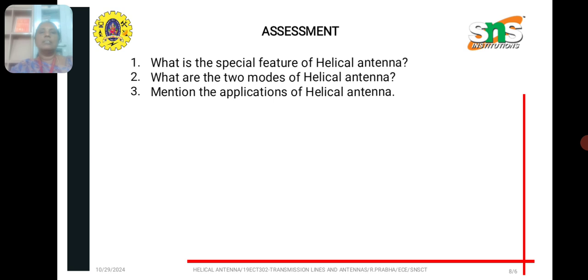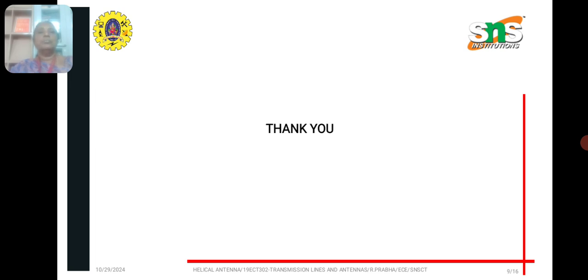The helical antenna provides high efficiency and covers a large beamwidth, and it provides a unidirectional beam of radiation, that is, the beam radiation is perpendicular to the helix dimensions and not in the opposite direction. And this is about the helical antenna. Thank you.